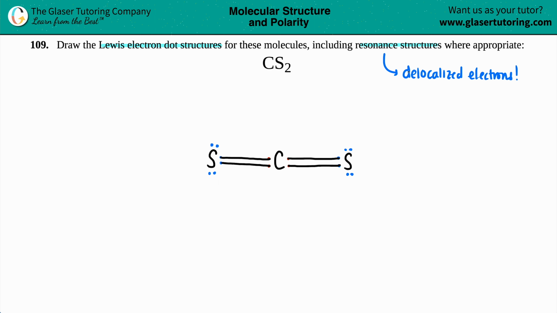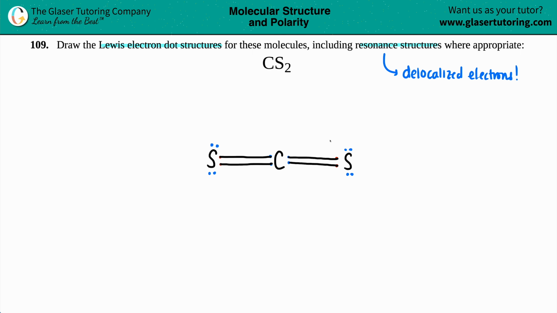Now we can see that we have delocalized electrons if we have the same atoms around the central atom, which we do here, right? We have 2 sulfurs, but do we have different types of bonds? No, right? They're both double bonds. So even if I took this and swapped it with the other one, the molecule would be identical, right?